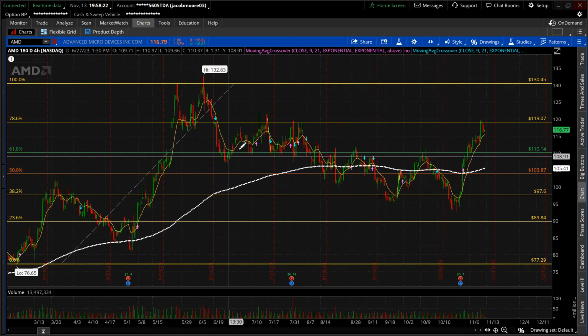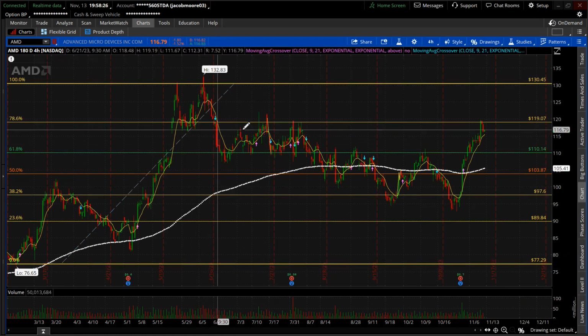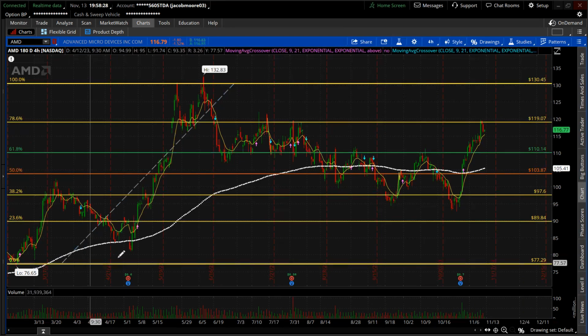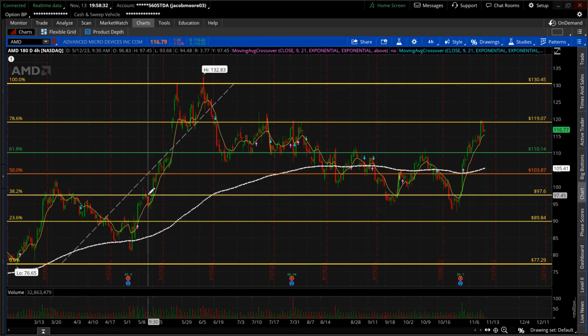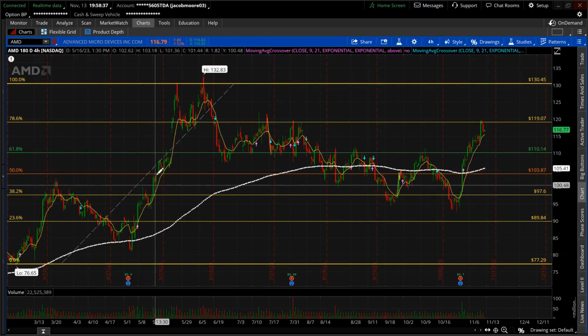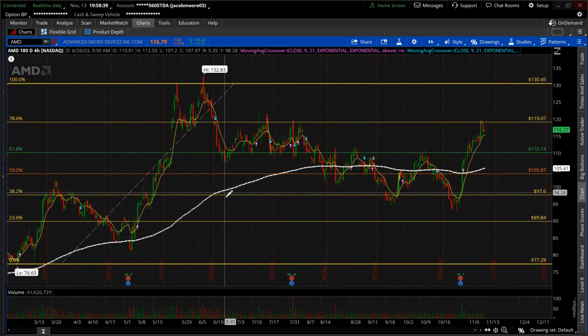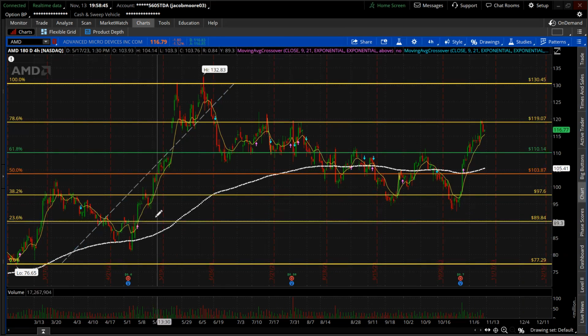So you can see here, we're going up, it hits that 38.2%. You can see it kind of rejected it, but it still continued this uptrend. It never quite reversed back down to that 23.6.